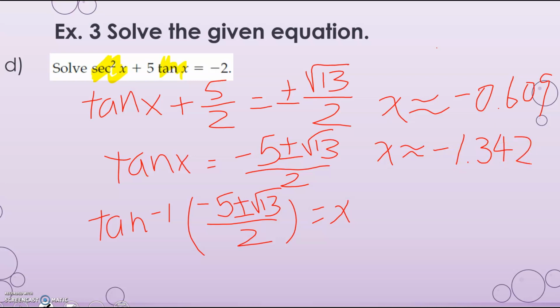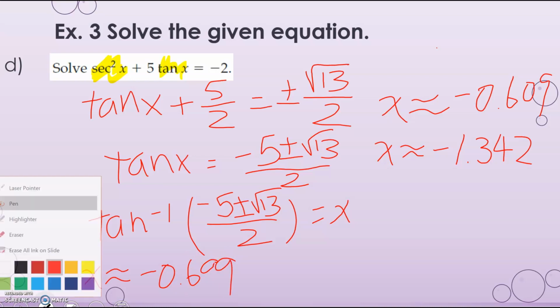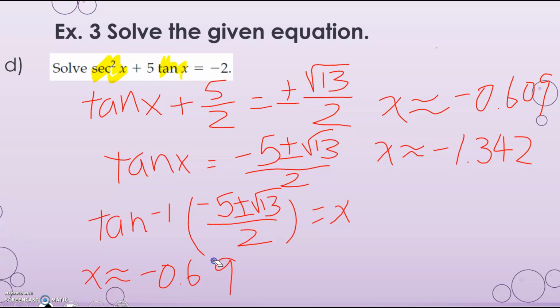Now remember, I do need all the solutions. So for the final solution, we need to write this. I need all the solutions, which means it's going to be this. Let me rewrite this. Negative 0.609 plus, now what's the period for tangent? That's right, it's pi. Okay, so make sure you write that.